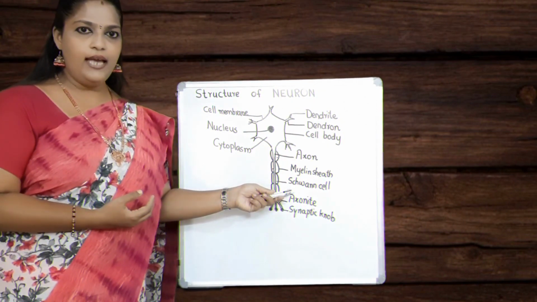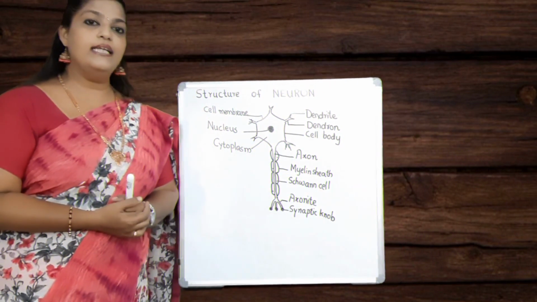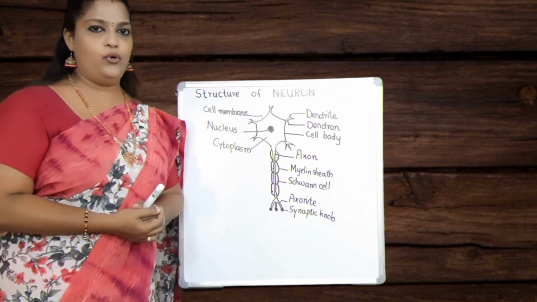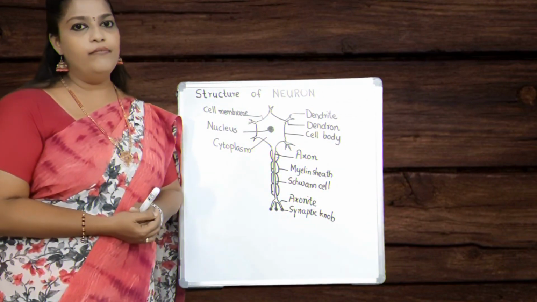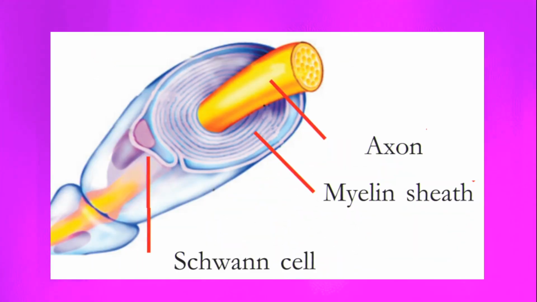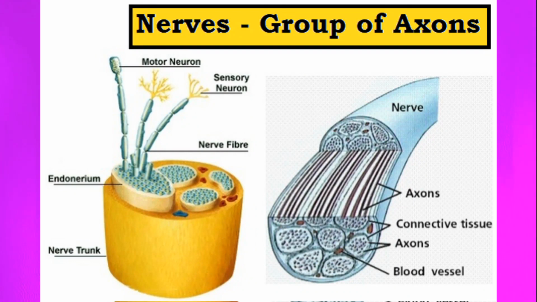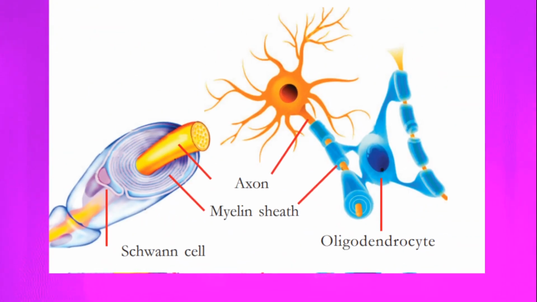So encircling the axon is the Schwann cell, and the repeated encirclings result in a thick layer around the axon that we call myelin sheath, made up of lipid. Myelin sheath in the nerves is formed of Schwann cells. What do you mean by nerves? Nerves are groups of axons. So the myelin sheath in nerves is formed of Schwann cells.